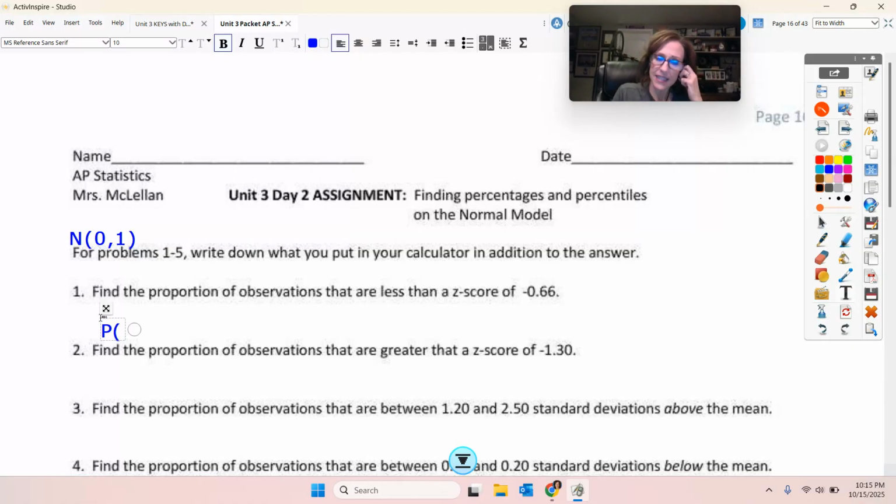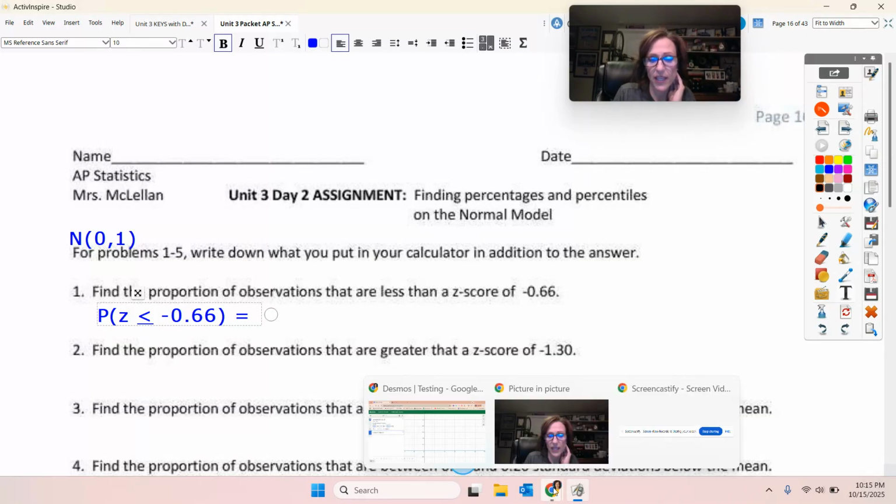I want to find this, but I want to do a z-score. And then I want to do less than or equal to a z-score of negative 0.66. So these are z-scores, not context, okay? Equals, and then go do this in Desmos, okay?